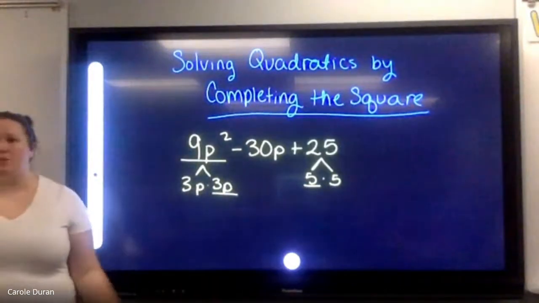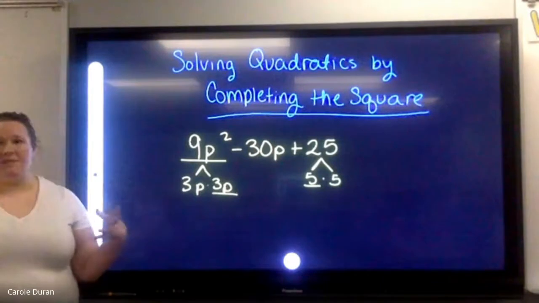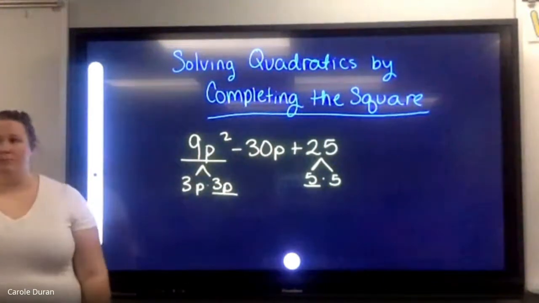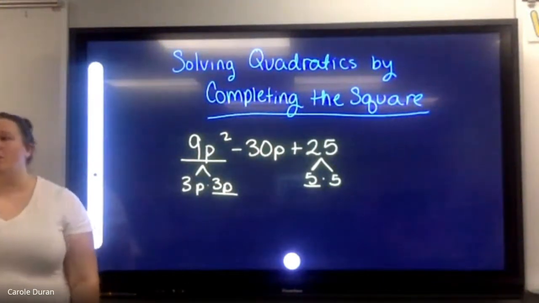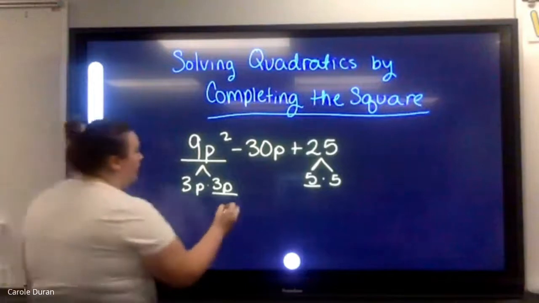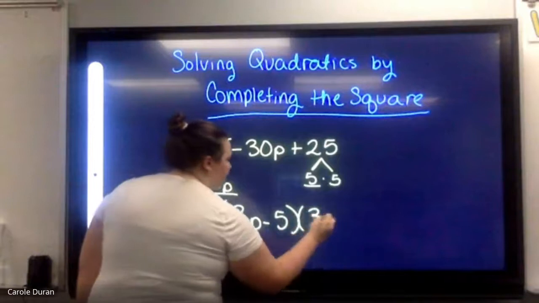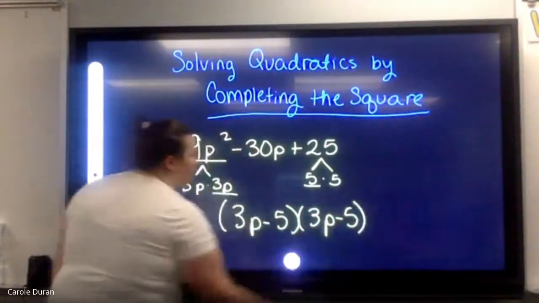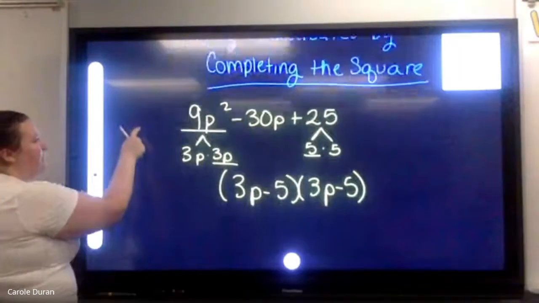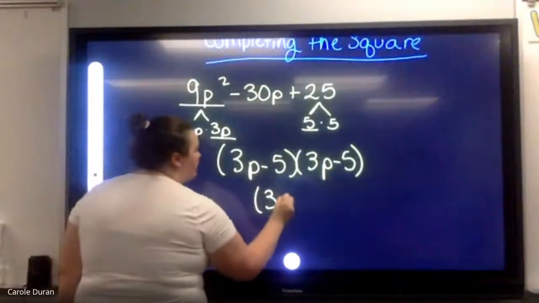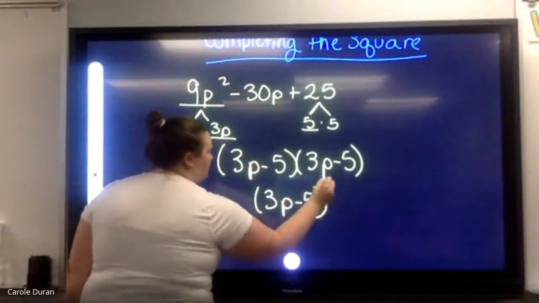So 5 times 3 is 15, times p is 15p, times 2 is 30. So this is a perfect square trinomial, which means it's going to factor beautifully into the same thing twice. And when it factors into the same thing twice, I can rewrite it as that factor squared.